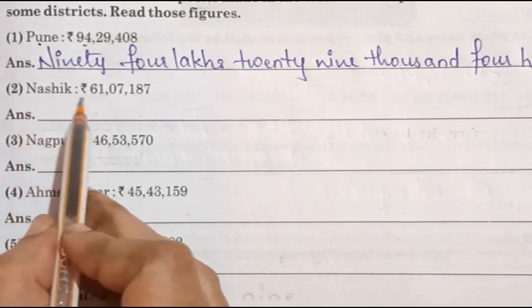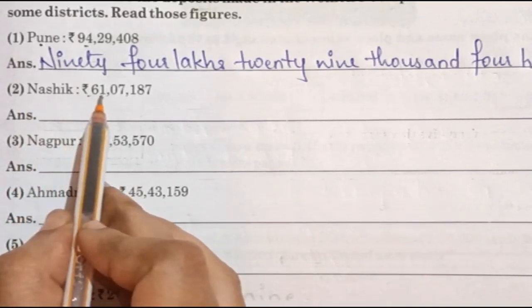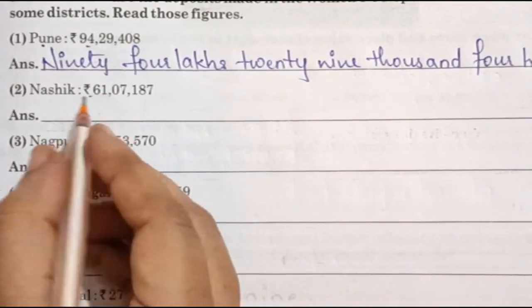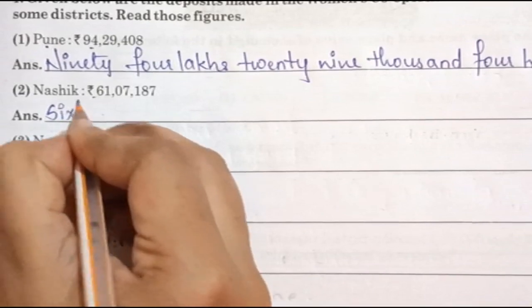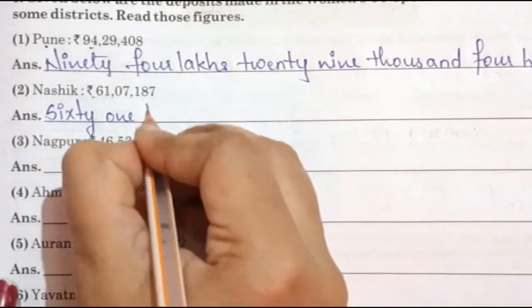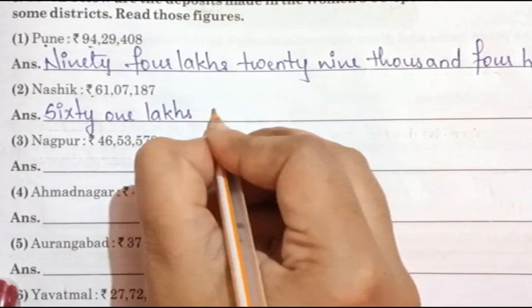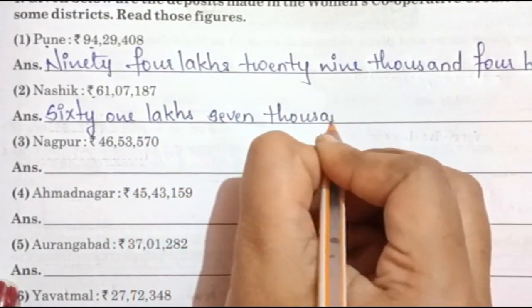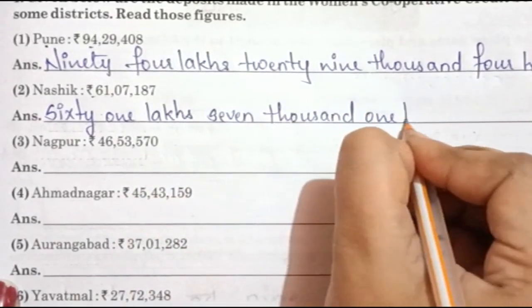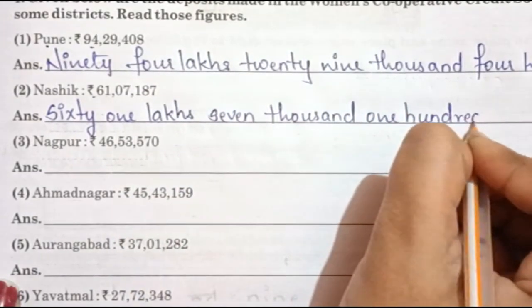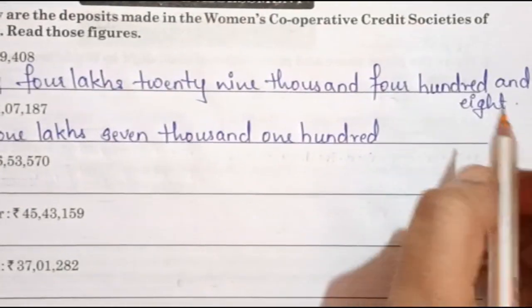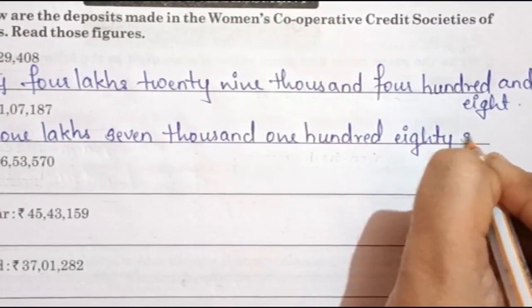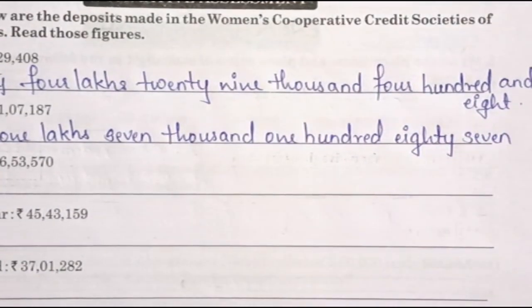61,07,187. Nashik district has given rupees 61,07,187. So write it as 61,07,187. Clear?